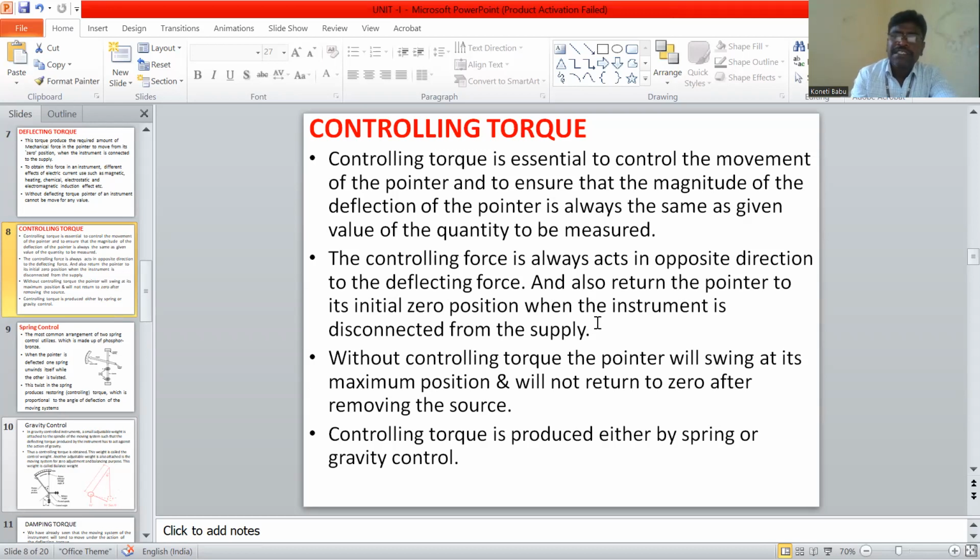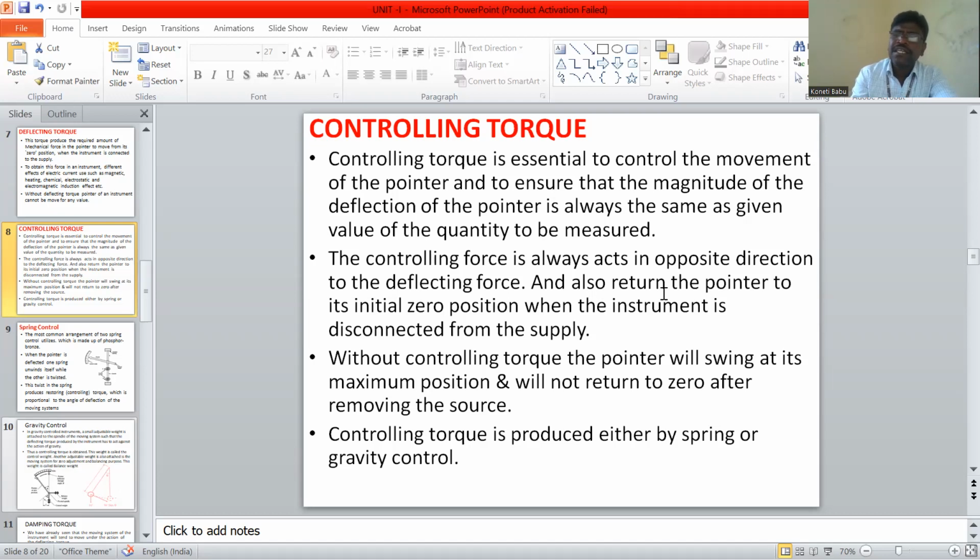When supply is given to the instrument, both the controlling force and the deflecting force act. After removal of the supply, the pointer returns to zero position due to the effect of the controlling force.